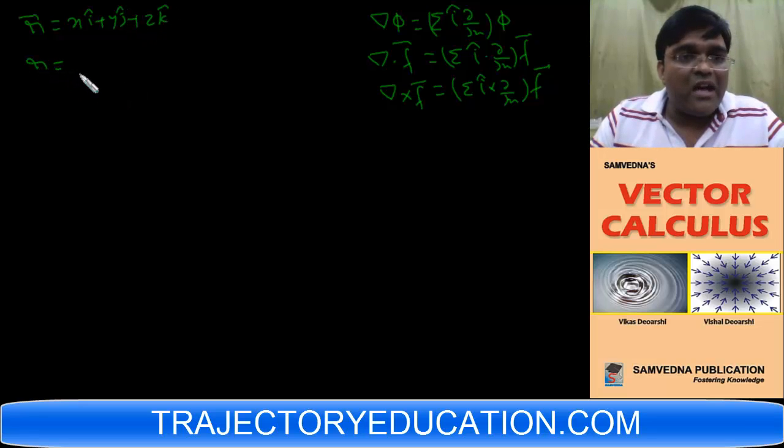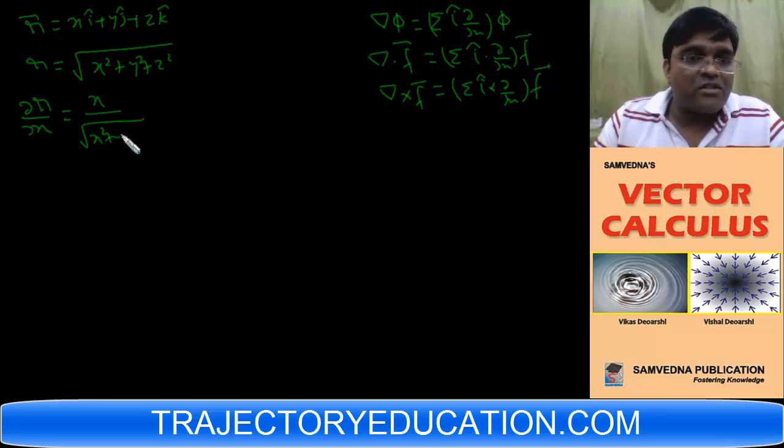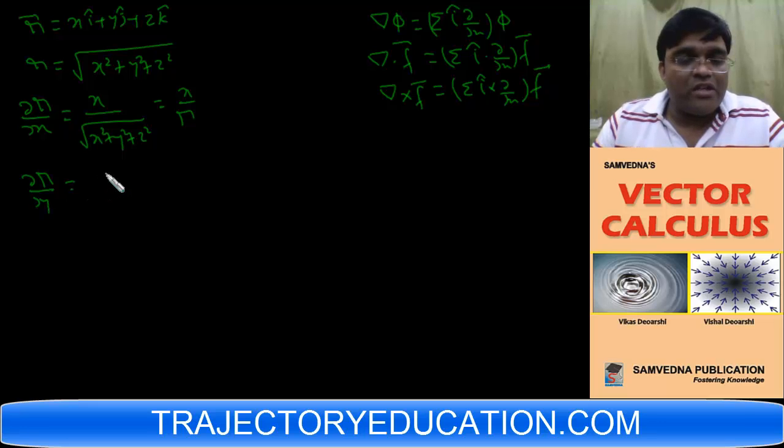Wherever you are given r, it means the magnitude of this r vector, that is under root x square plus y square plus z square. Sometimes you are given dou r by dou x, so it will be x upon under root x square plus y square plus z square, so this will be x upon r. Similarly, dou r by dou y is y upon r.